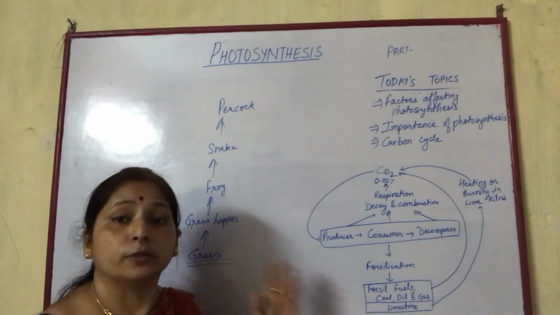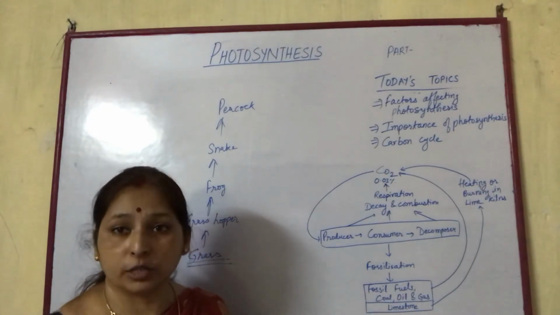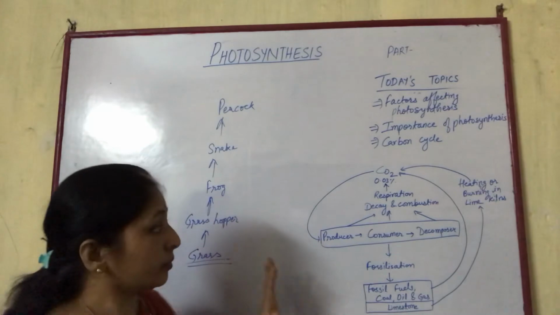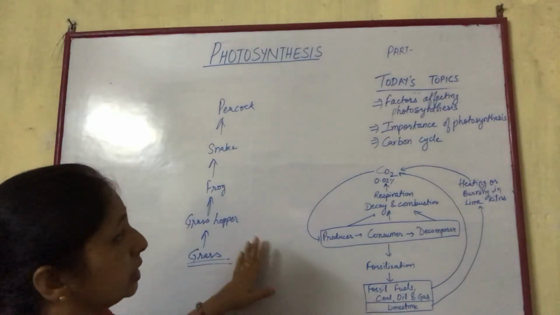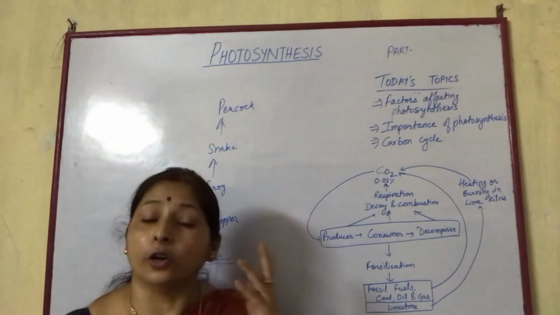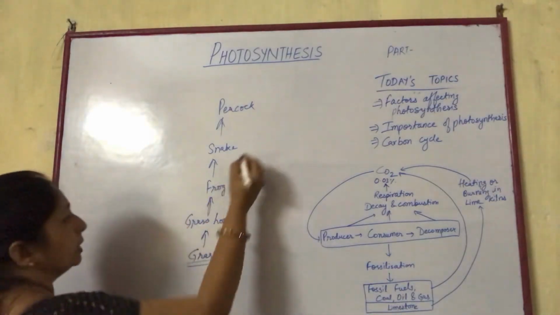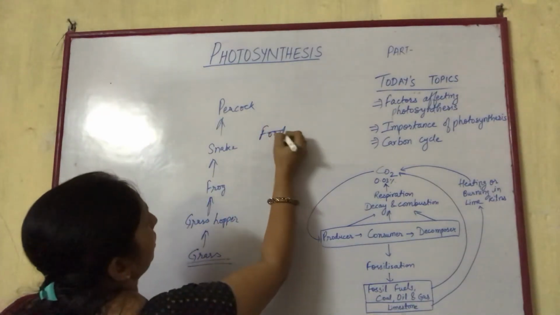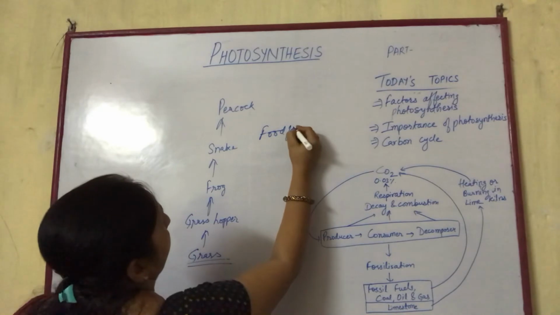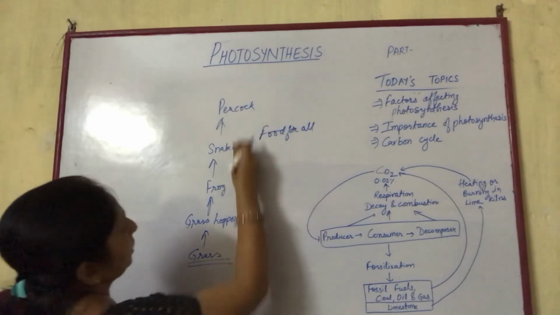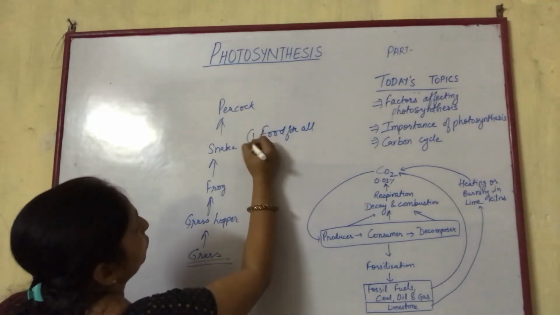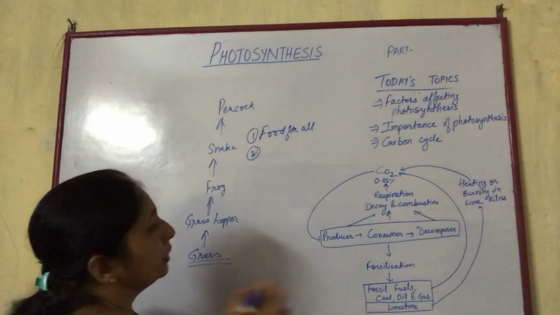And for the grass, the ultimate source is photosynthesis, the source of food. So the first importance of photosynthesis is food for all. You can give an example of any food chain to justify your answer.